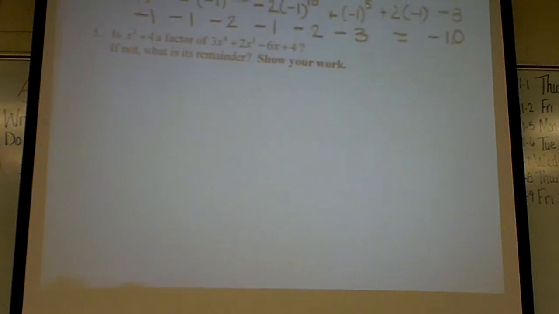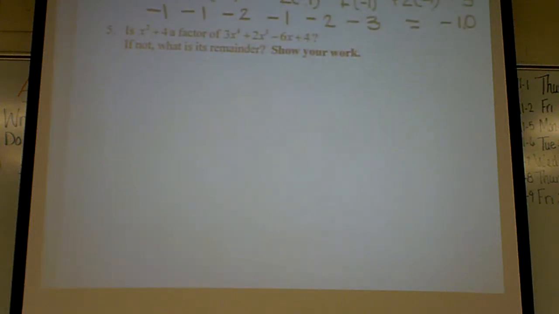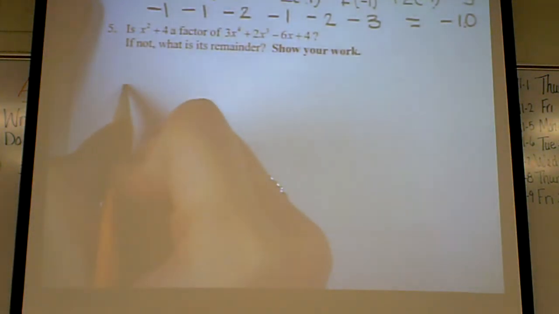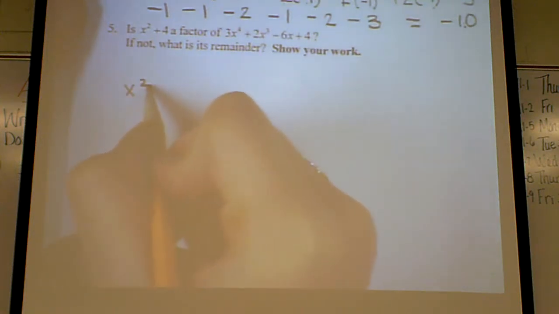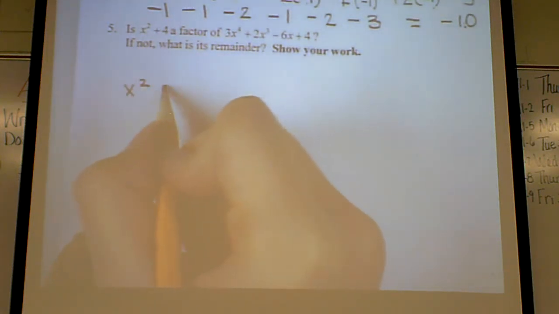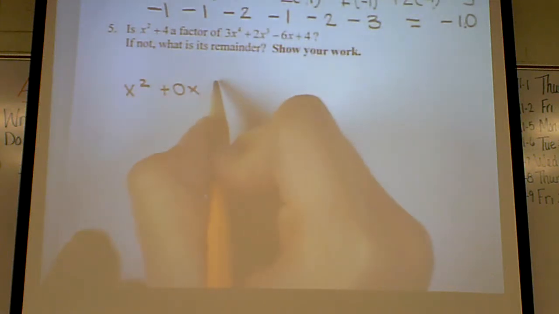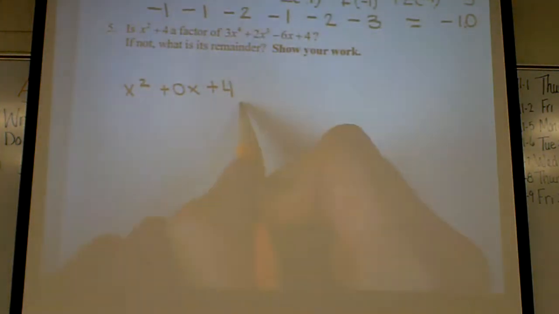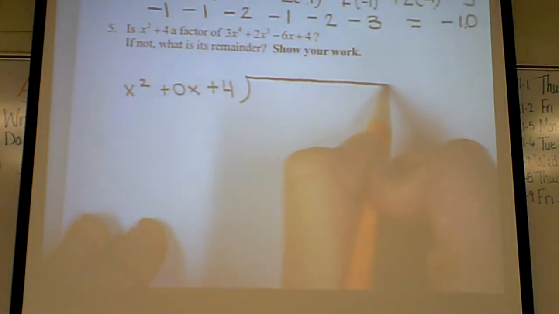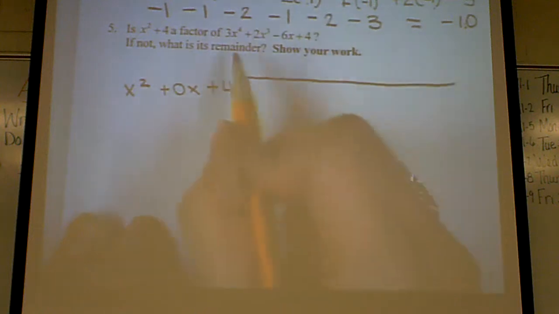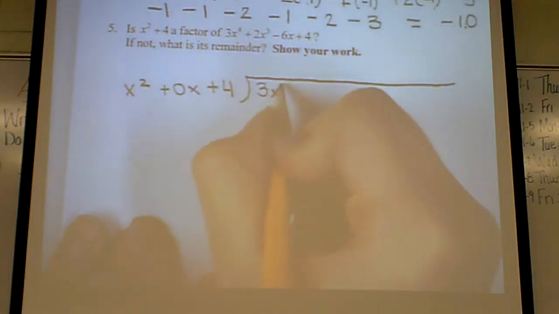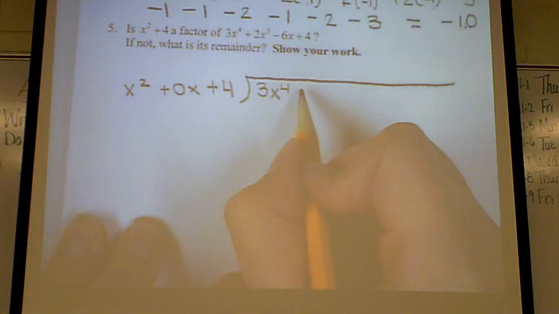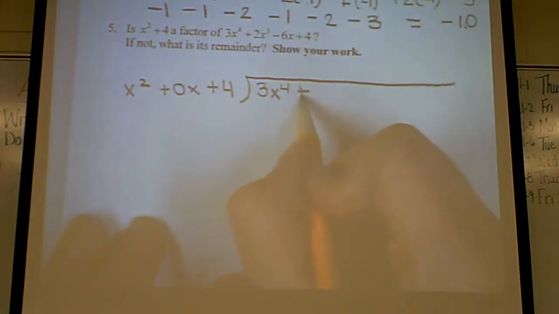Okay, for 5, which method do we use to solve this one? Long division. So I'm going to write x squared, I don't have an x term in here, so I'm going to do plus 0x plus 4. And this is going into 3x to the 4th plus, do I have an x squared?